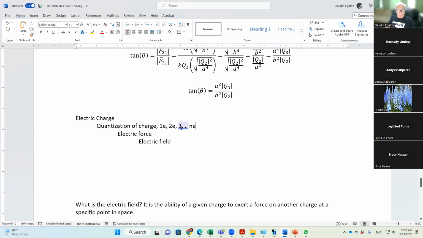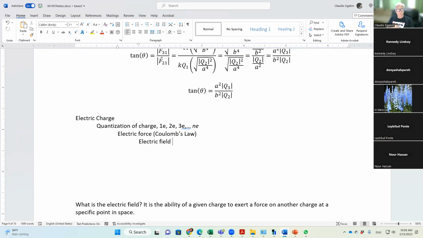That was the experimental result obtained by Robert Millikan. We talked about electric force, which is our first electromagnetic law, Coulomb's law.